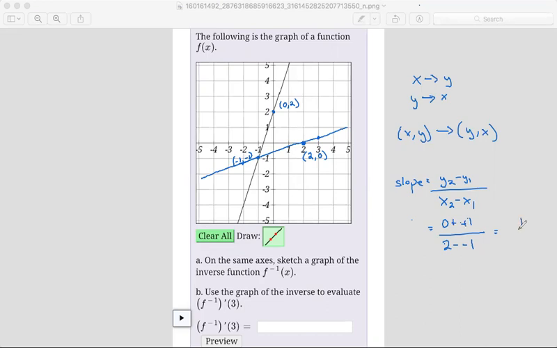So this would be +1 over, again, minus a negative makes plus a positive, so it'd be 3. So the slope of our line and the derivative of our graph is 1/3. So the evaluation of the inverse derivative at 3 is 1/3.